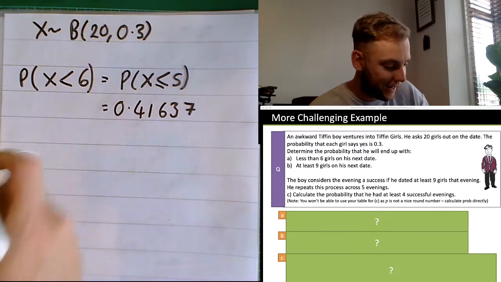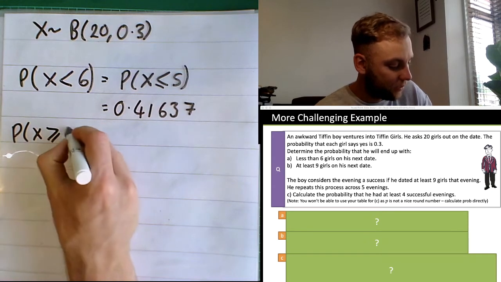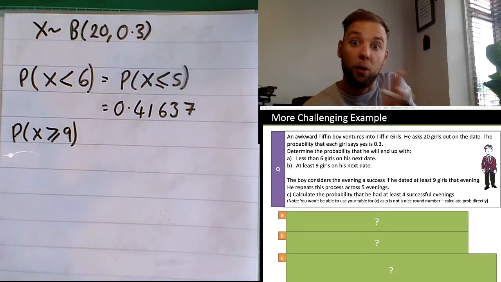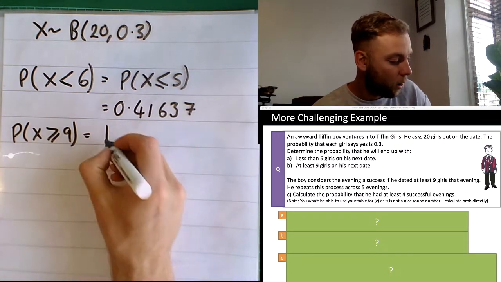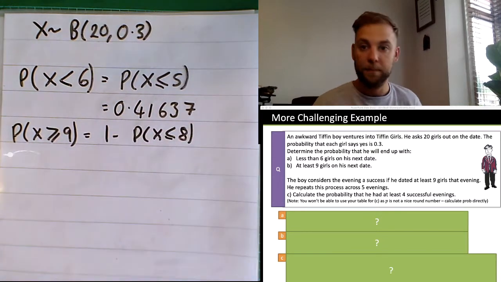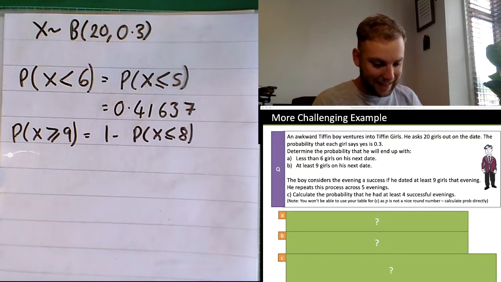Brilliant. So at least 9 girls on his next date. Well, at least 9 is the same as saying the probability that x is greater than or equal to 9. Now, when it's greater than, we know we need to do 1 minus everything which is below, which is 1 minus the probability that x is less than or equal to 8. Okay, so we can work this one out. Menu 7, binomial CD, variable. So in this case, we want x to be 8, 20 and 0.3 again.